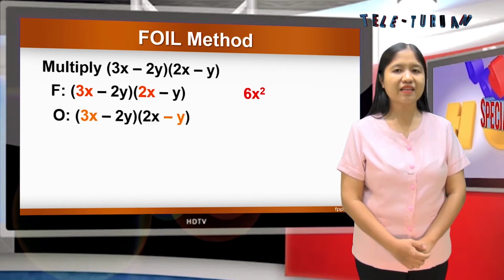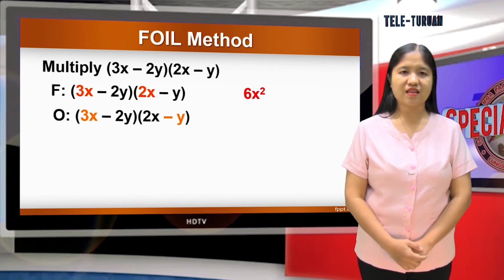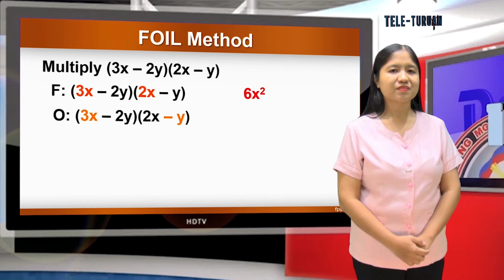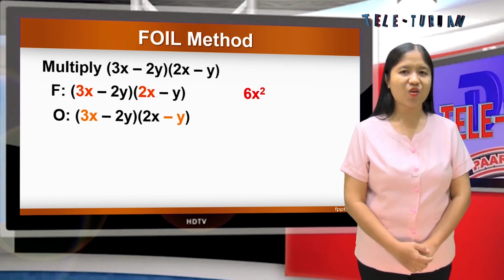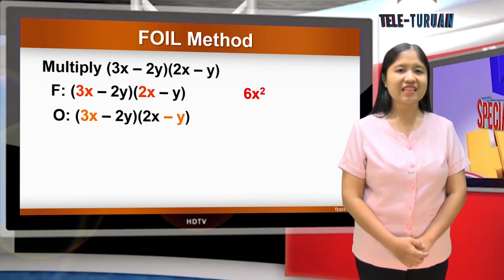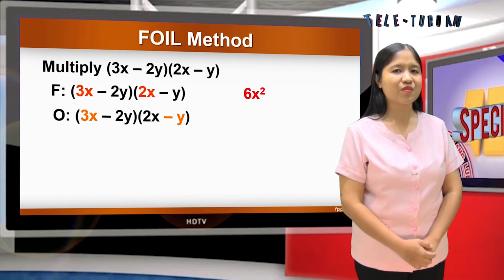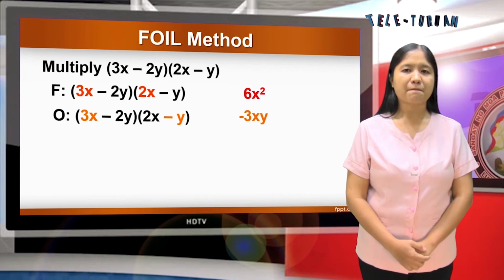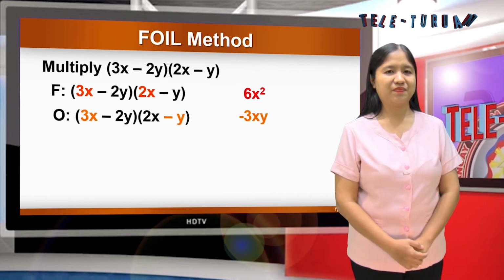Next, multiply the outer terms. That is 3x times negative y. It will give negative 3xy.